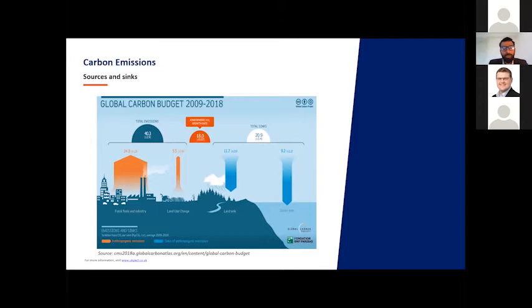But there are also sinks of carbon. These are our natural resources, like our landscapes and our natural plants and vegetation and trees. They act as sinks of carbon, so they suck carbon out of the atmosphere and store it within the soil. And similarly, the ocean is also a store of carbon.